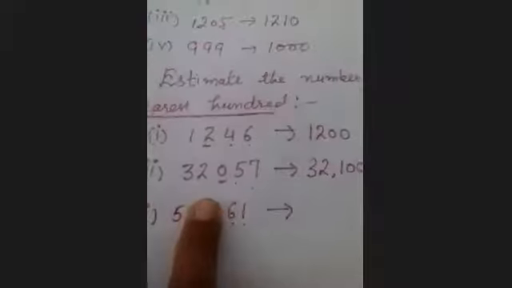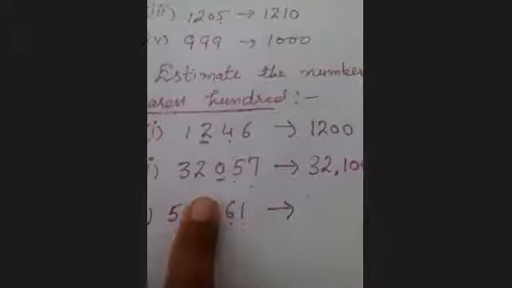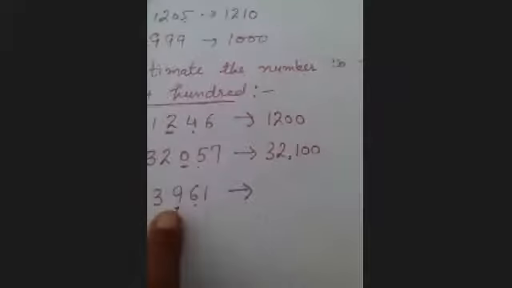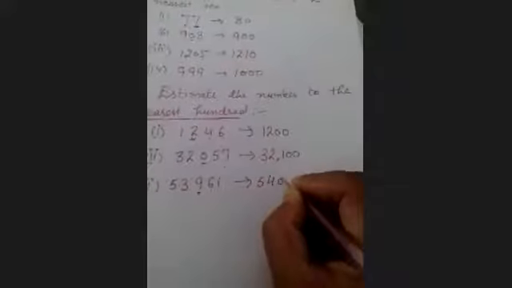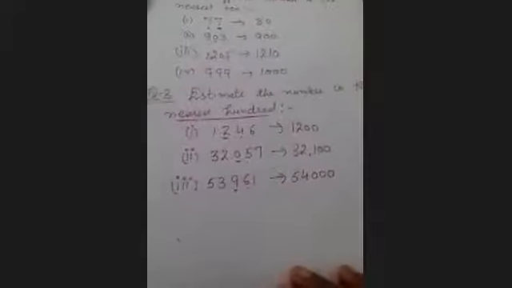Now put your finger on the hundred place value and observe the next number. The next number is 6, so it converts into 10. So our nearest value will be 54,000. Clear, students?